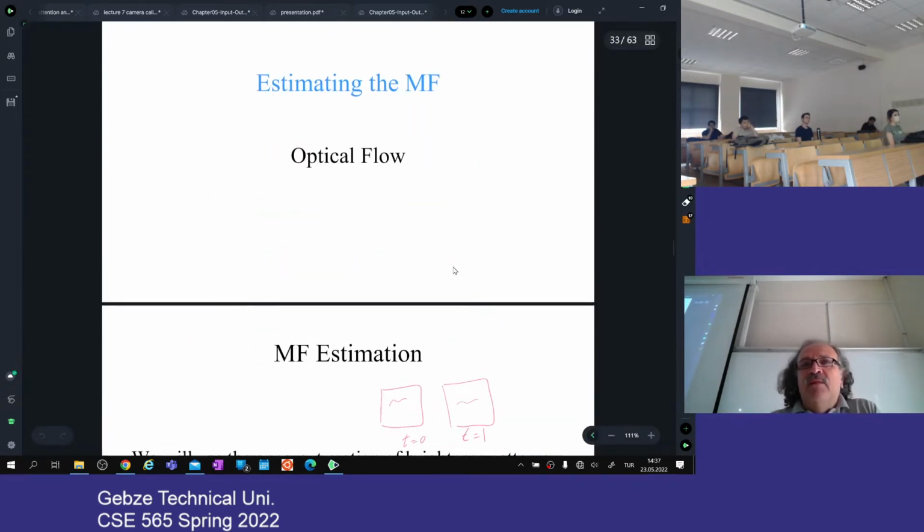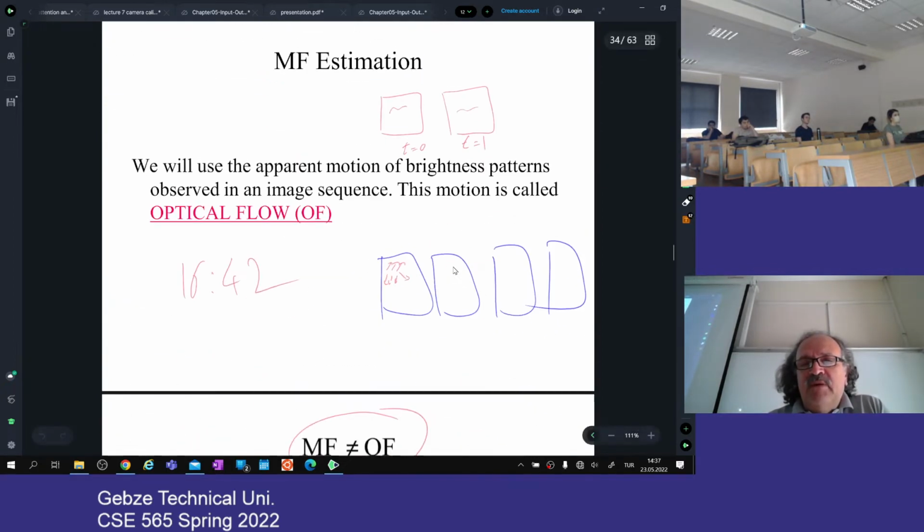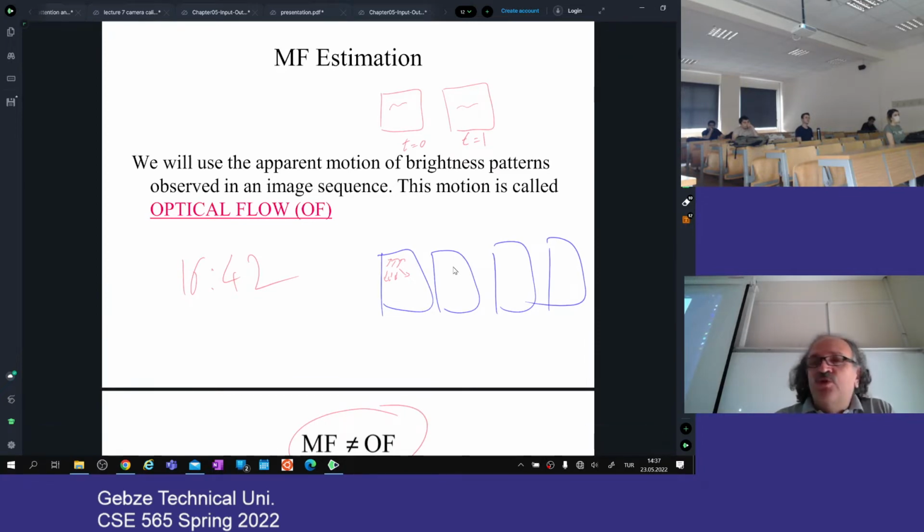The motion field, if you remember, is the projection of the motion vectors on the image frame, or the image plane. We said that estimating the motion field directly is not that easy.